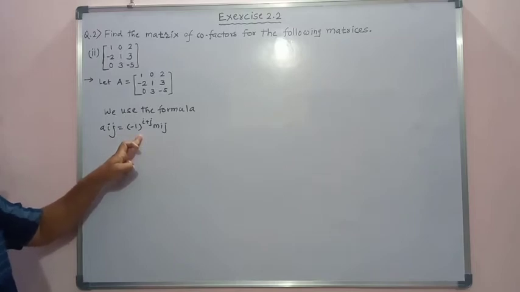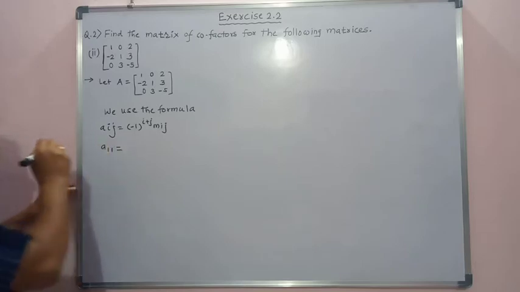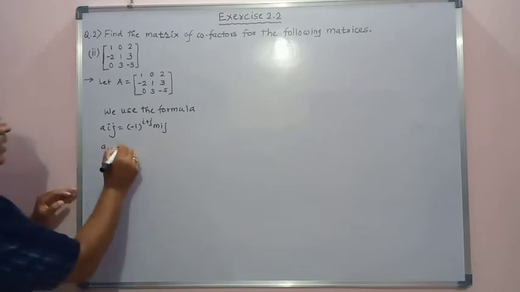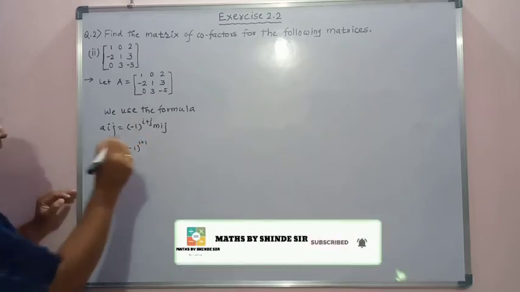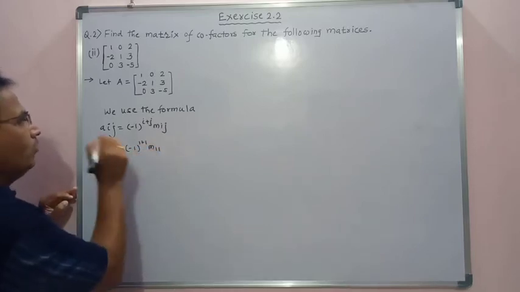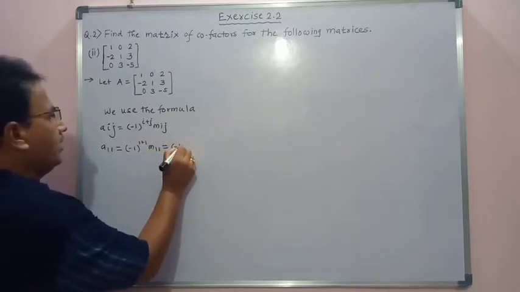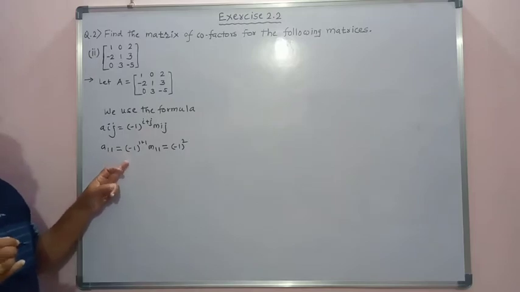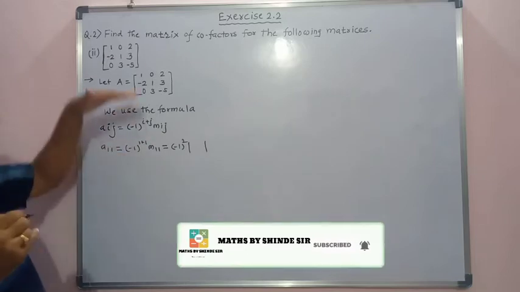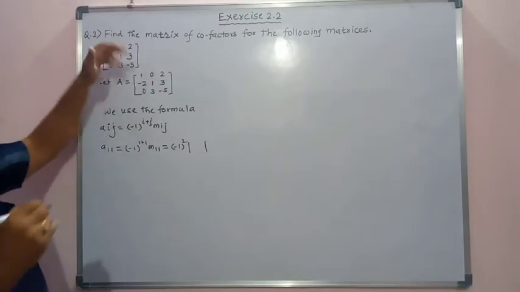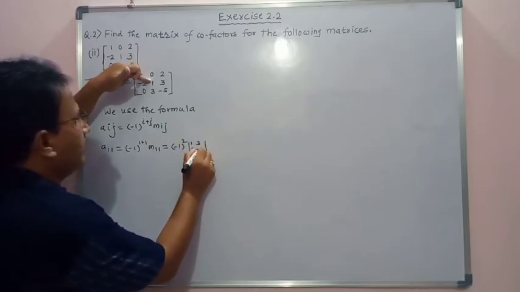Therefore A11, the first row, first column, equals minus 1 raised to 1 plus 1 into M11. This is the first minor. Minus 1 raised to 2 into M11. M11 means the minor, leaving off the first row and first column.